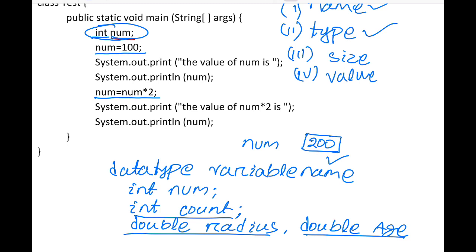So here the num, count, radius, edge refer to variable names, and int, double refer to data types, or we can say int, double are the data types. So similar to int, double, Java defines 8 primitive types of data, and these are like this.